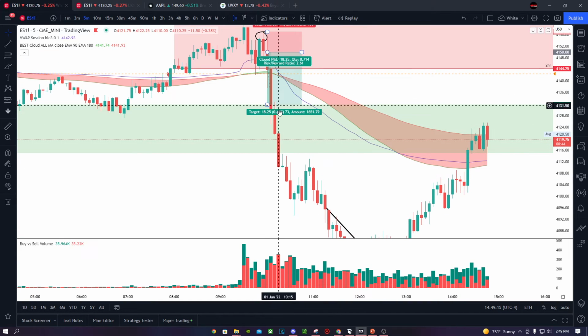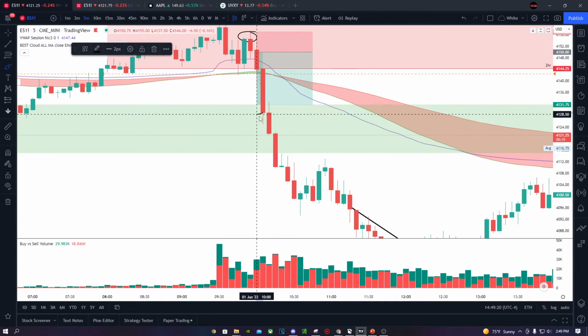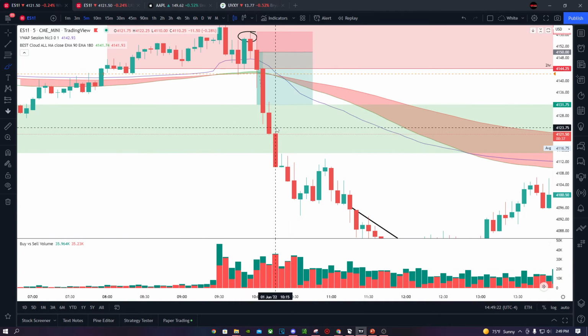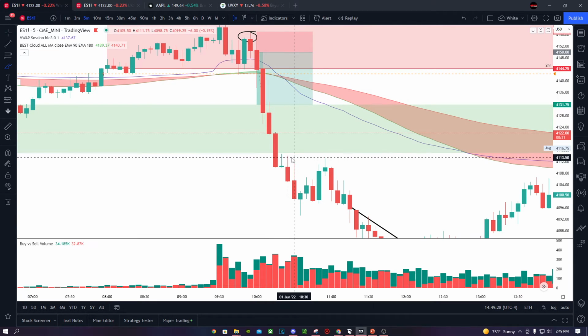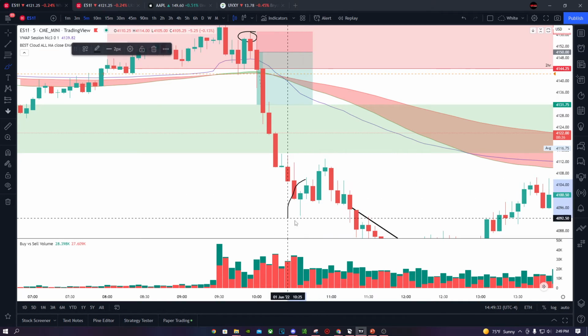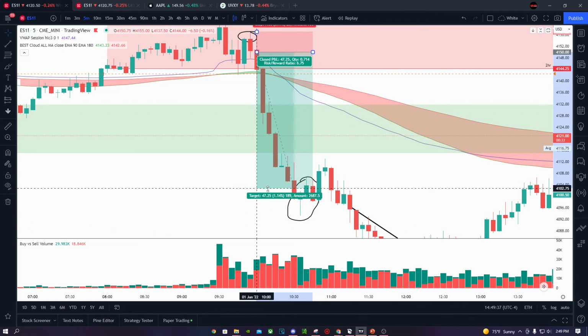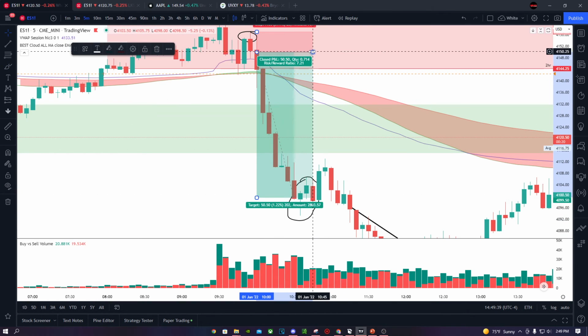And on a 5-minute chart, we see no real signs of buying, right? This has a little buying wick, but still all selling volume. Here, selling wick, lots of sell volume. Here, big sell volume candle. Selling wick, selling wick, selling wick. Maybe you get out here once you get these buying wicks and big buying volume come in, which would have been a 50-point trade, which is huge.